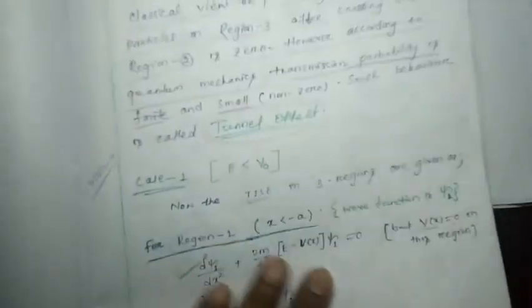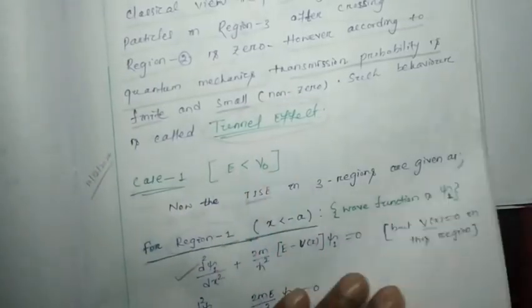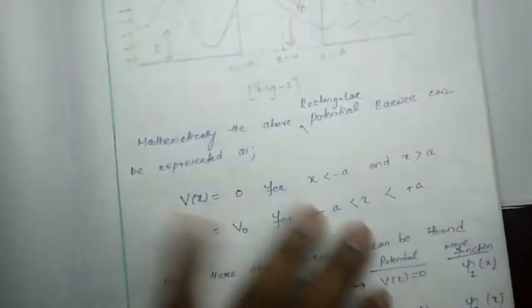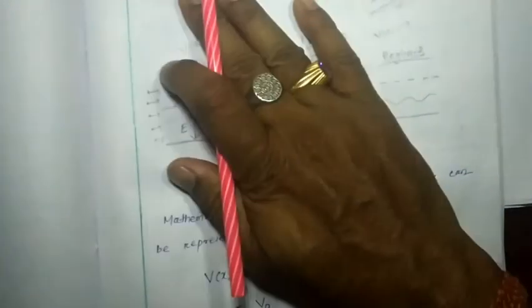Transmittance has some value. Even if the kinetic energy of the incident particle is less than this height V0, some probability can be found on this side, in region 3. From the mathematical derivation we found that.